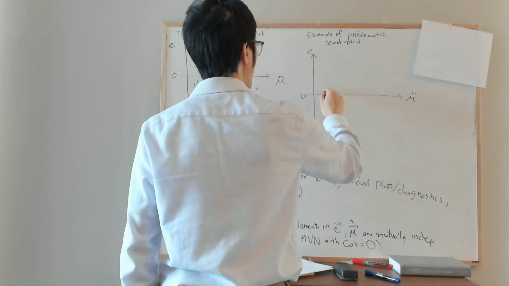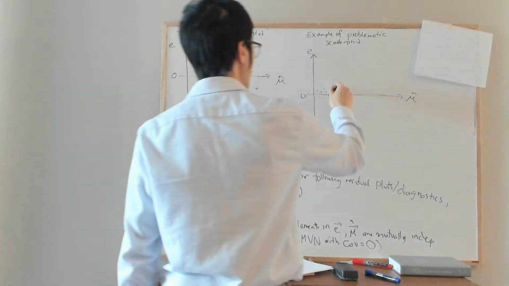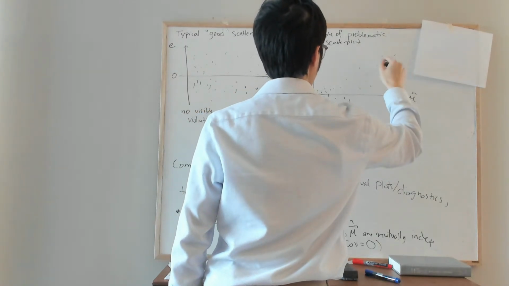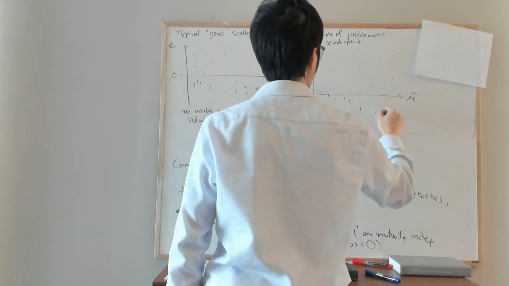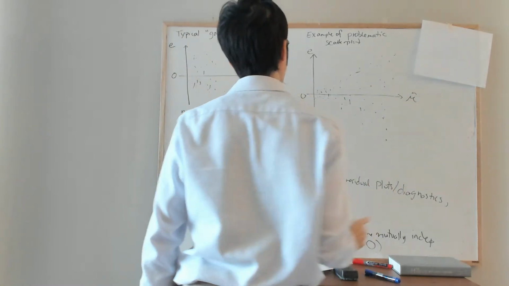Suppose the variance around the 0 line is fairly small, and then as you get further out, the amount of variance increases.